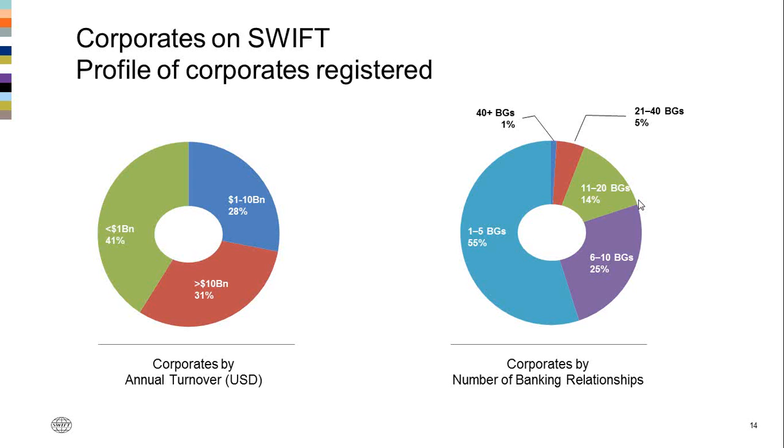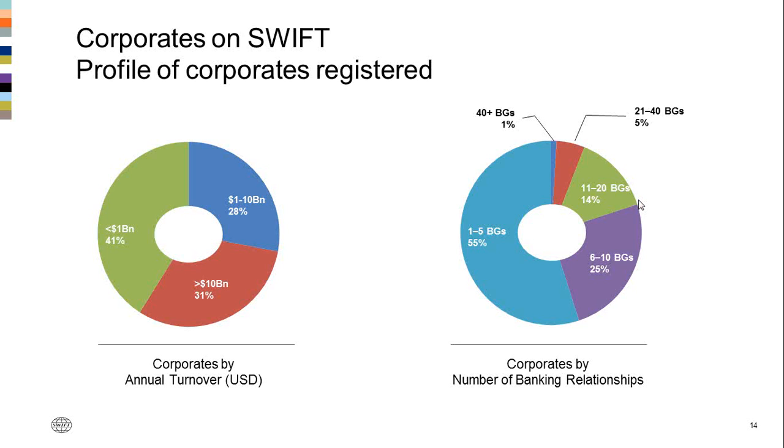Now, if we look at the donut on the right, this is looking at corporates in terms of number of banking groups. And I've mentioned already that a large part of the rationale of moving to SWIFT is channel rationalization. So it does rather suggest that the more banking relations you have, the more valuable the SWIFT solution is.